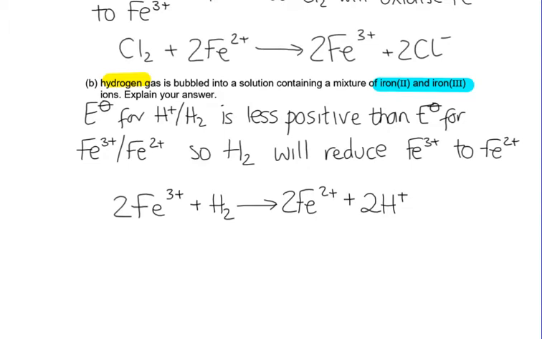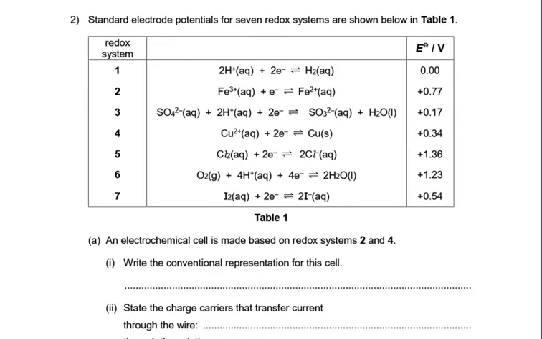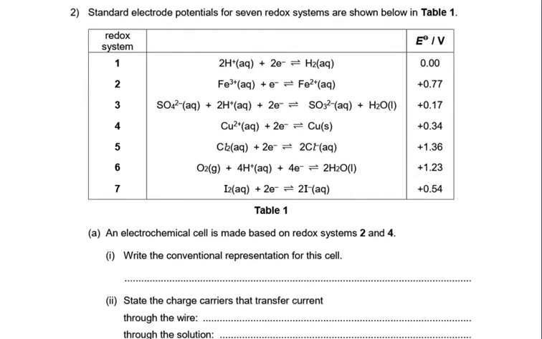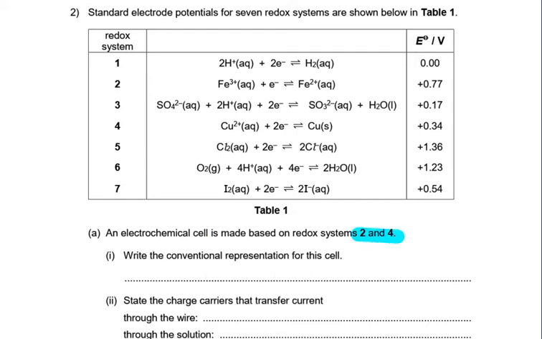Right, so here's a typical exam question on this topic. So they print you out a section of the electrochemical series, they show you that, and they ask you to write something down. So write the conventional representation for, and it's asking us to do it for 2 and 4. So first thing I would do is decide who's on the right hand side.